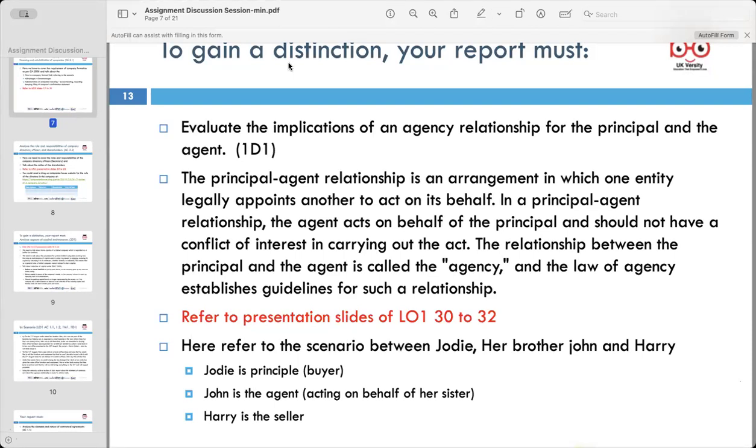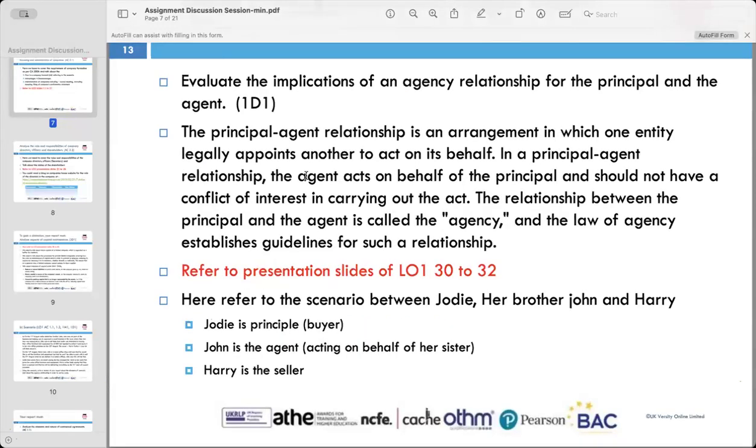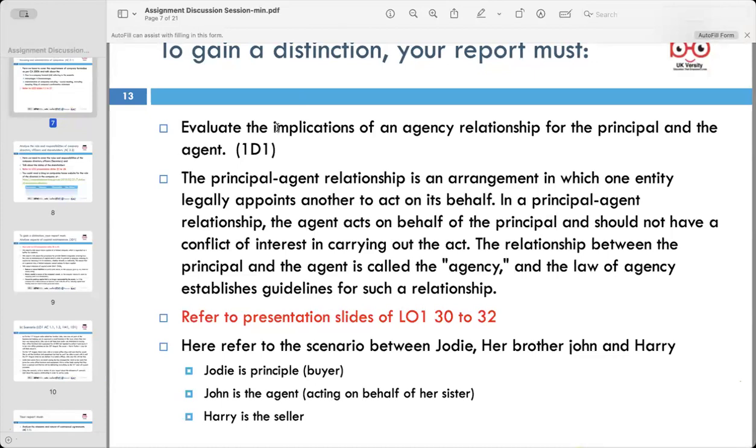So refer to: evaluate the implication. I know you, Swapna, don't want a distinction, but I have to go through it. Evaluate the implication of the agency relationship for Jody as the principal, John as the agent, and Harry as the seller based on the scenario. So evaluate implications of the agency relationship, understand the principal-agent relationship.